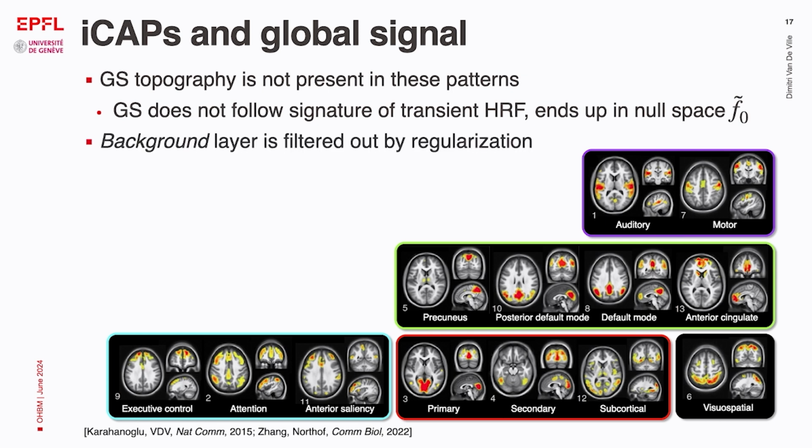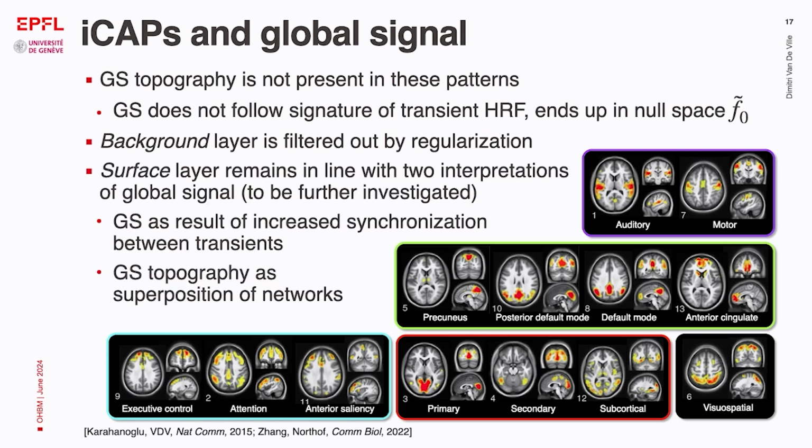Now, by that virtue, the background layer, if we think again about the dual layer model, this background layer contribution should be filtered out because it's not compatible with, let's say, transient hemodynamic responses. And the surface layer could still remain compatible with this finding because we have two possible interpretations here.